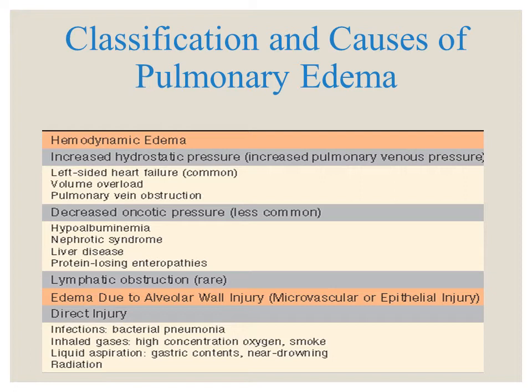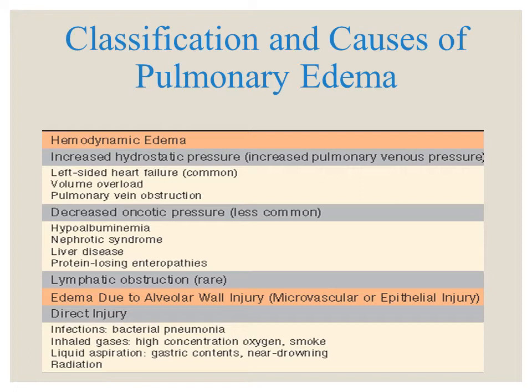So the other cause of pulmonary edema, the non-cardiogenic pulmonary edema, can either be due to pulmonary infections, chemical injury, physical injury, radiation-induced damage, and the inhalation of toxins.